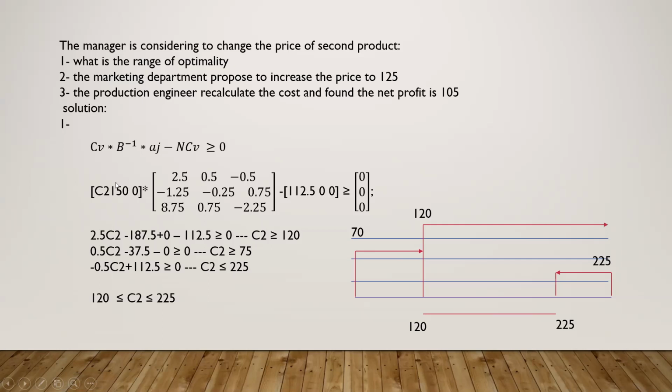You know the multiplication for a row by column. So you will multiply C2 by 2.5, then 150 by minus 1.25, then 0 by this one, minus 1.12, which will give you this equation. Then you will redo it again.